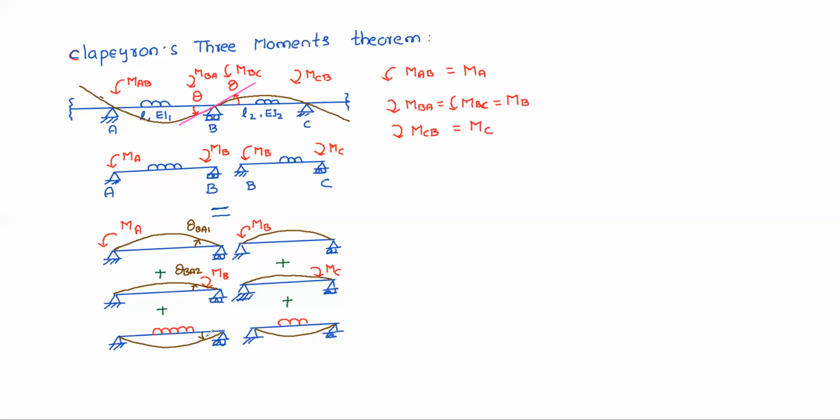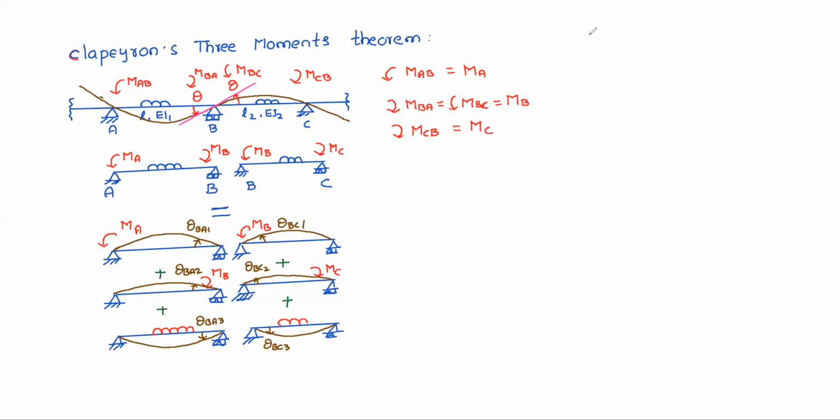Here it is anti-clockwise, theta BA3. On the right side, this one may be theta BC1. This angle may be theta BC2. This angle, clockwise, may be theta BC3. Give proper sign convention.